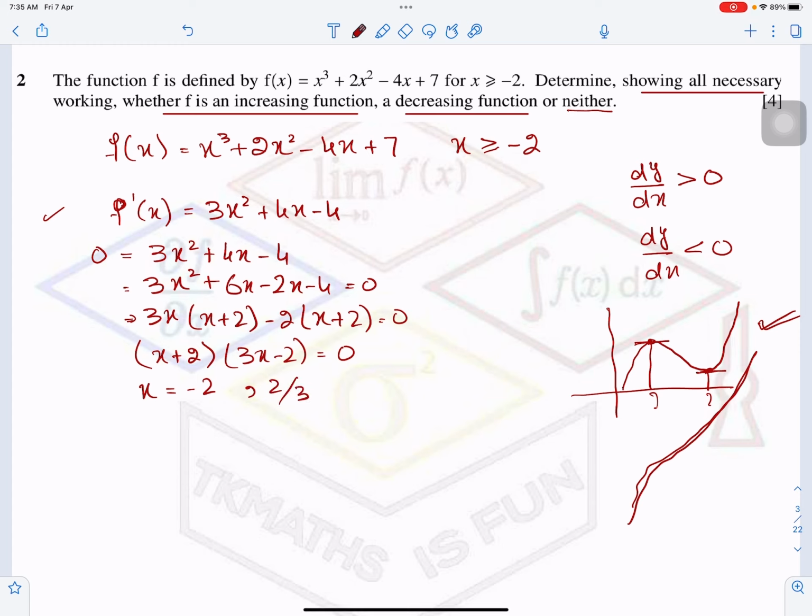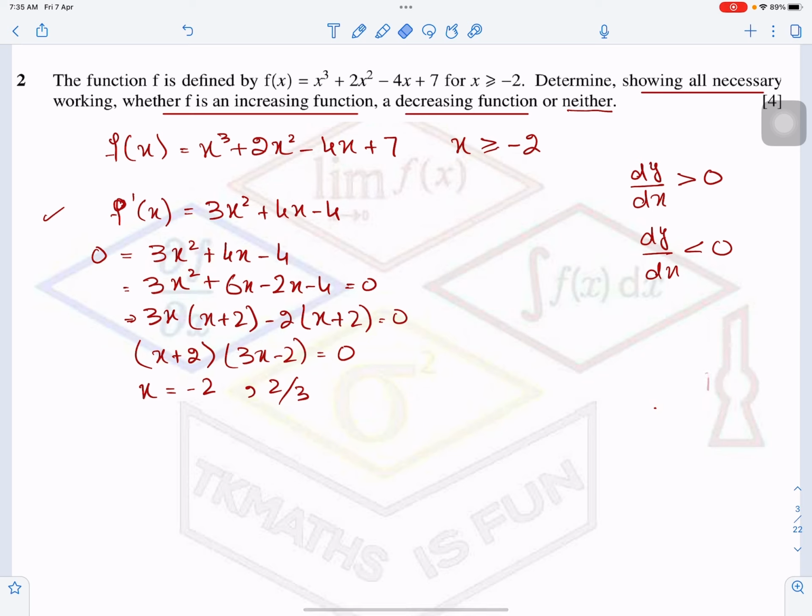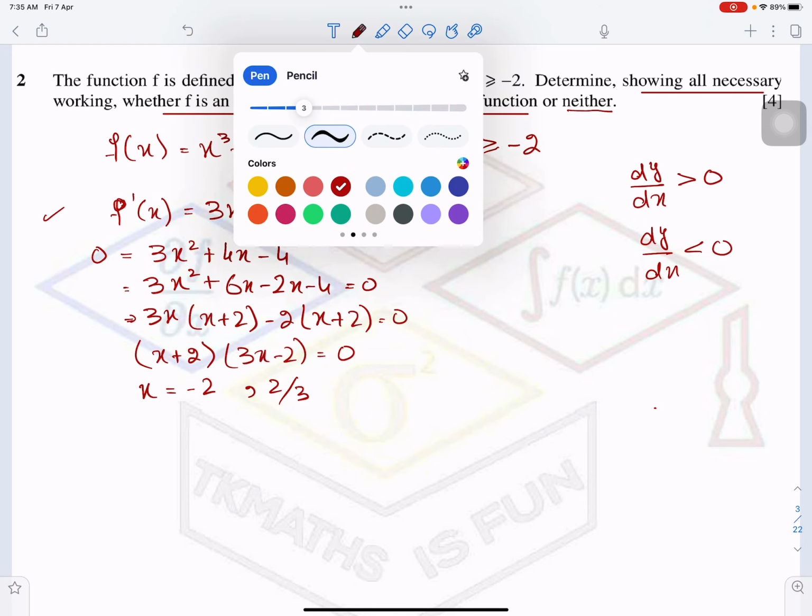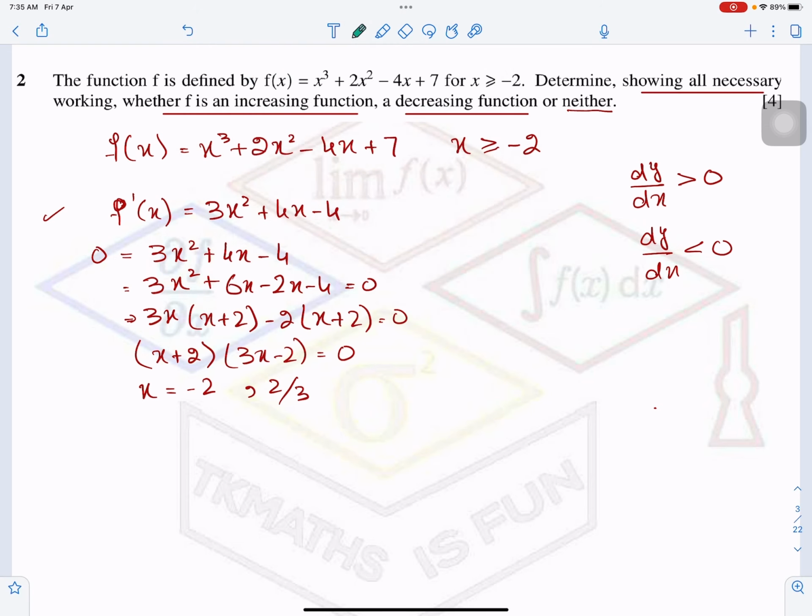Now what does this mean? Let me sketch here roughly. I got 2 values of x where the rate of change is 0. So this means roughly that at minus 2 and at 2 upon 3, the curve will have 0 gradient. It means you will have a turning point here. Now, if I look at the original equation, this 7 shows the y-intercept.